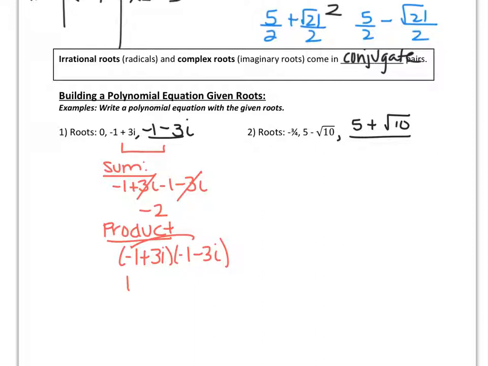Negative 1 times negative 1, negative 1 times negative 3i, 3i times negative 1, and 3i times negative 3i. These cancel, and i squared becomes negative 1. So this is really 1 minus negative 9, which really is 10.